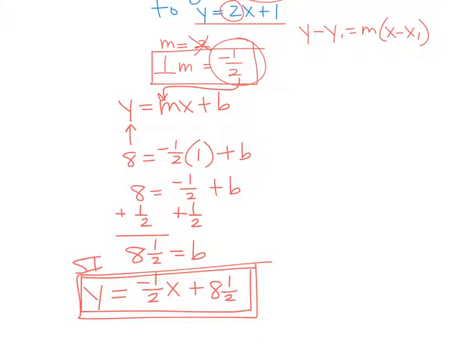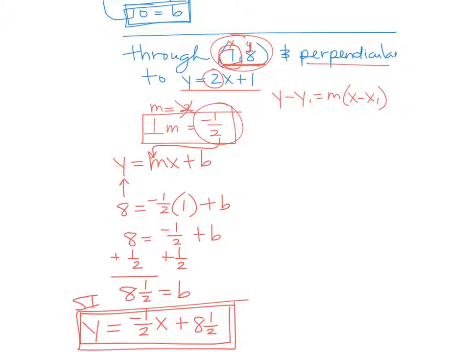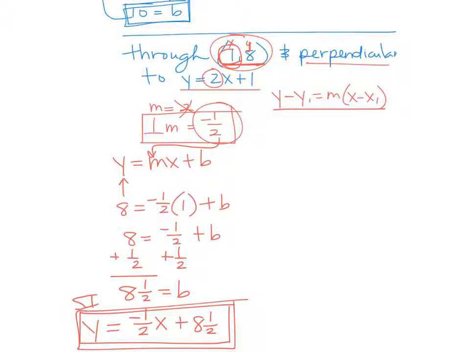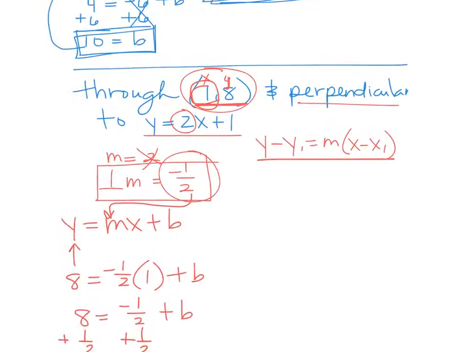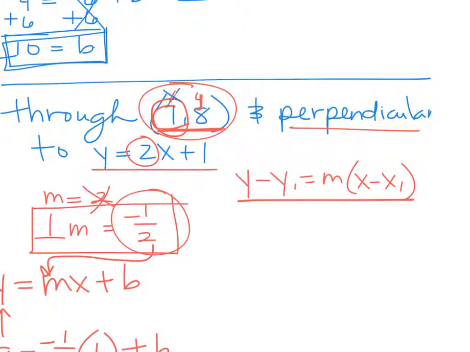Okay, slope-intercept. Let's try the same set of numbers, but in point-slope form. So you have your x and your y. Right, here's your x, here's your y. So it's going to be y minus what? What's your y value? 8.